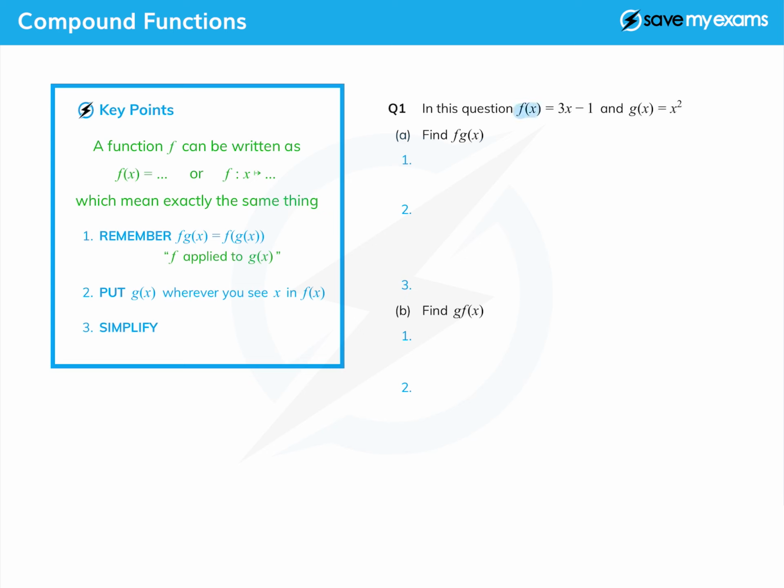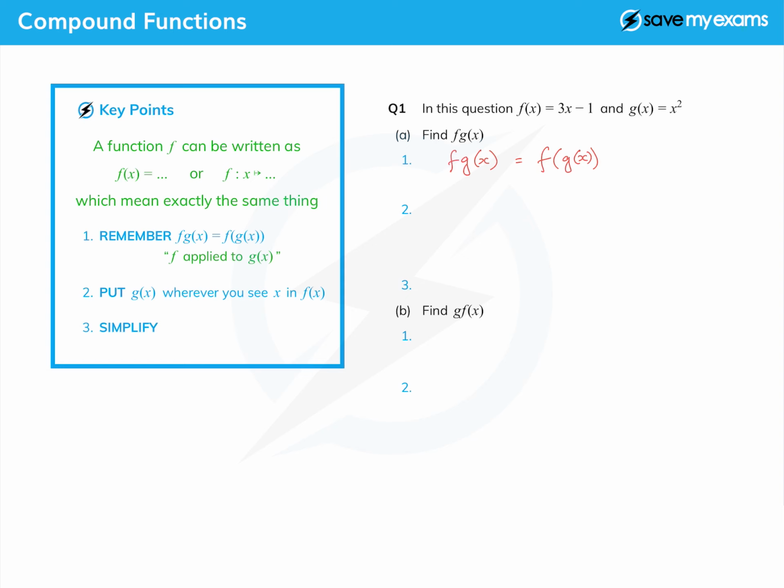So we have two functions, f of x, which is 3x minus 1, and g of x, which is x squared. And we're asked to find fg of x. So let's just write down our basic piece of knowledge that fg of x actually means f of g of x. Okay, and so we're going to replace x in f by g of x.